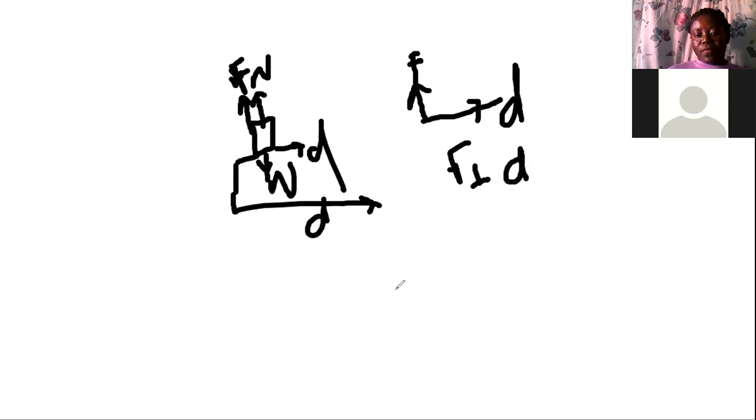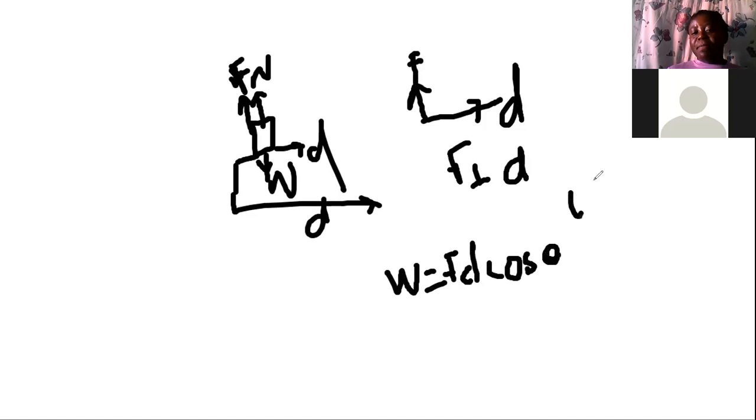Okay, so even if you apply that, I can say work done is equal to the force times the displacement times the cosine of the angle.